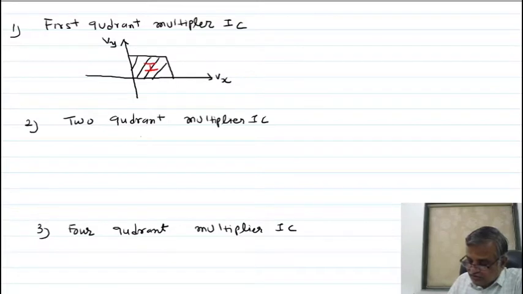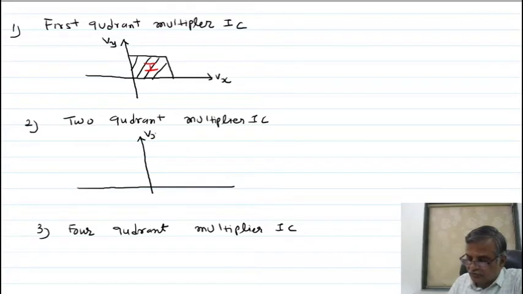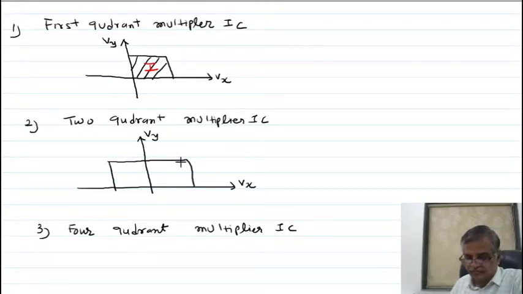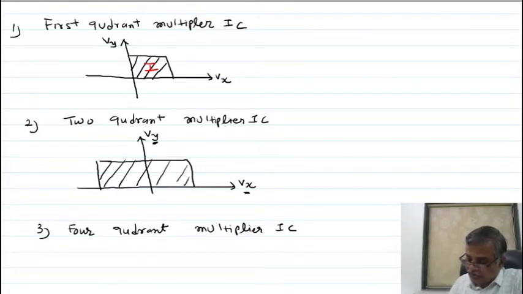In a two quadrant multiplier IC, one signal is kept positive and the other signal is allowed to swing for positive and negative sign both. Listen again. In a two quadrant multiplier IC, one signal is kept positive and another signal is allowed to swing for positive and negative sign both.